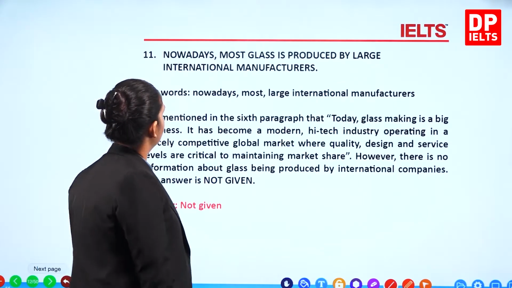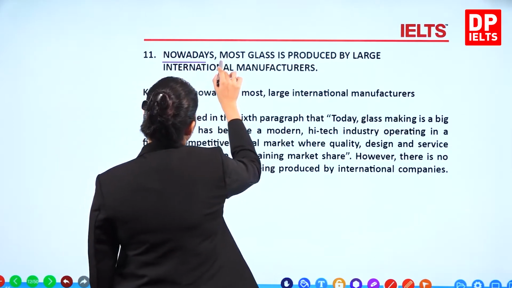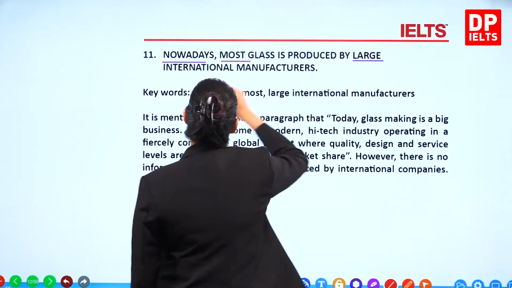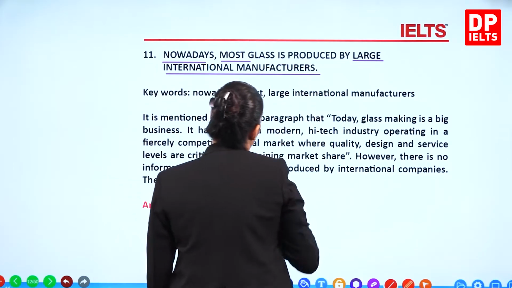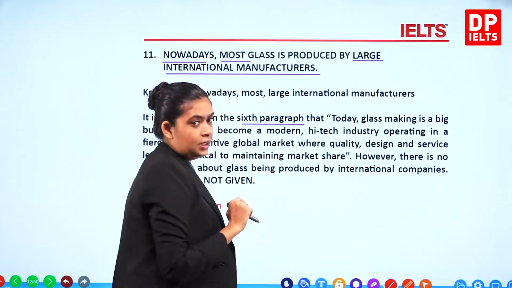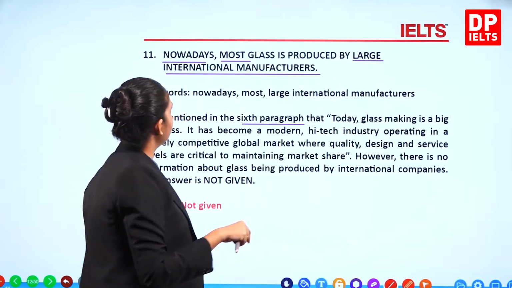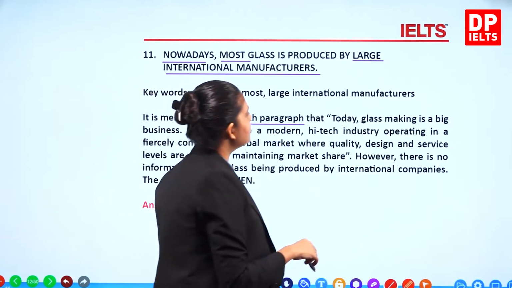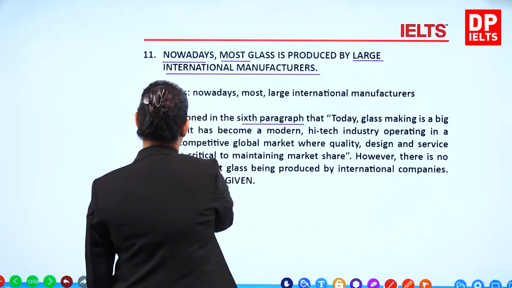Question 11. Nowadays, most glass is produced by large international manufacturers. Now, if you go to the 6th para, it says, nowadays is today, right? Glass making is a big business.